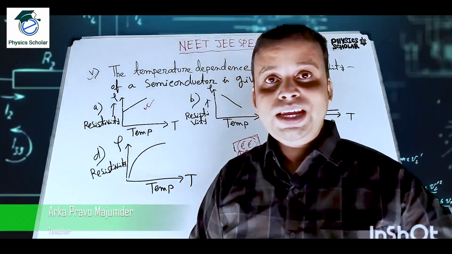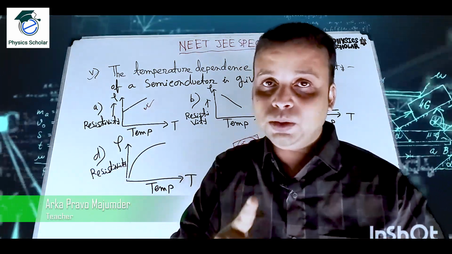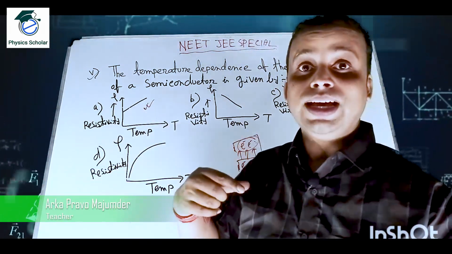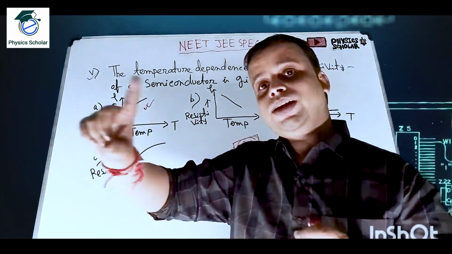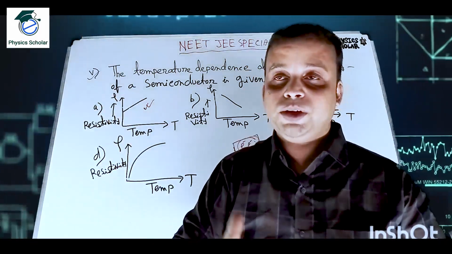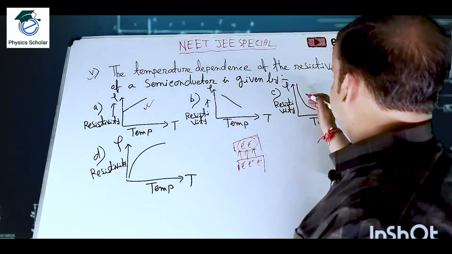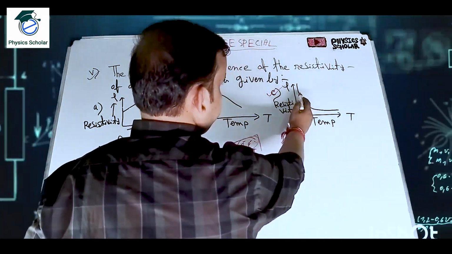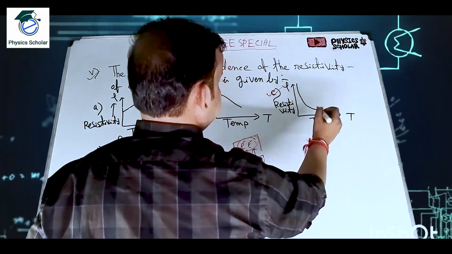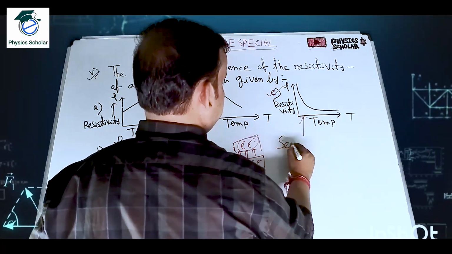That means the number of free electrons will increase, so the resistivity will decrease, because resistance opposes the current flow. So if you see the graph of C, with temperature the resistivity is decreasing. That means this is the graphical representation for a semiconductor.